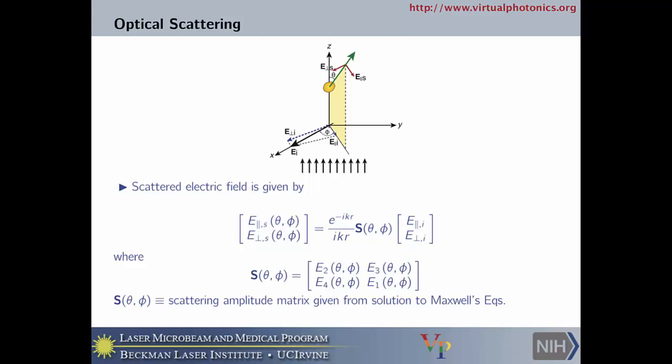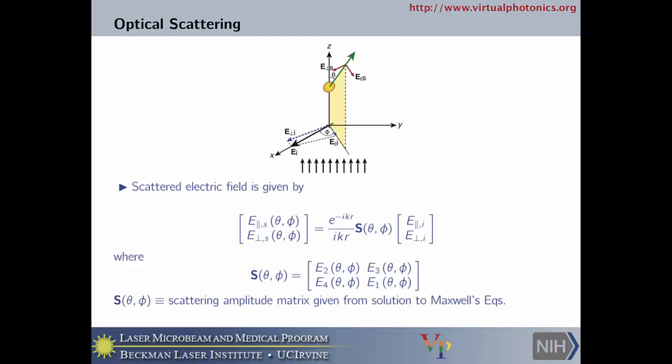Okay? And that mapping from an incident electric field, so this is your parallel and perpendicular components of your electric field that are incident on this particle, gets transformed by the scattering characteristics of this particle. So this is called the scattering amplitude matrix. It tells you how parallel incident light can give rise to either parallel or perpendicular polarization components of the scattered light, and how that varies with theta and phi.